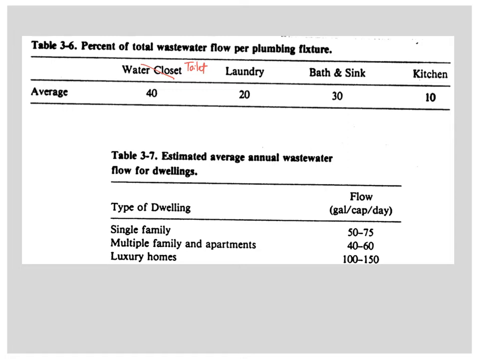So these are rough percentages. As you go from single family to multifamily to luxury homes, you see big changes in water use. Single family homes use 50 to 75 gallons per person per day, and as you go up to a luxury home, it gets to be larger than that.